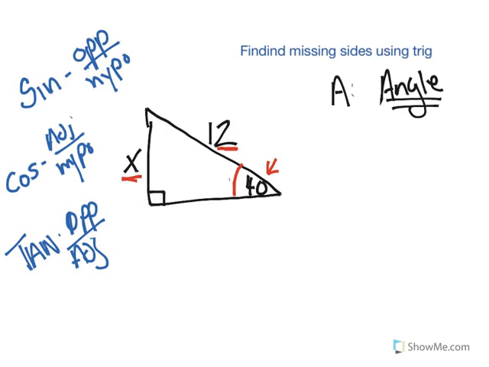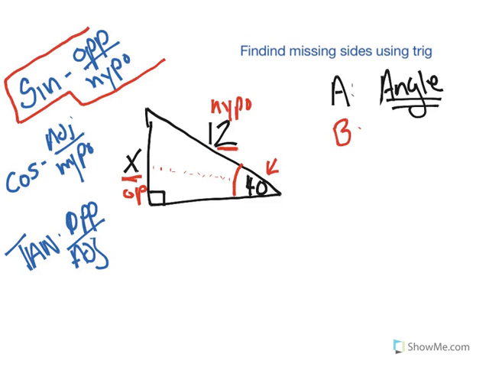The x is in the opposite position, and 12 is the hypotenuse. Based on this, there is only one trig ratio we can use, and that is sine, because that is the only one that has opposite and hypotenuse.